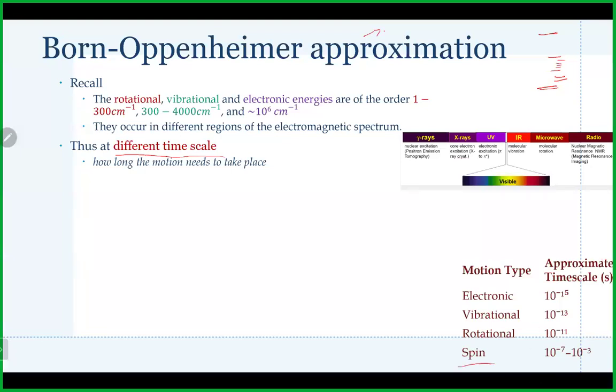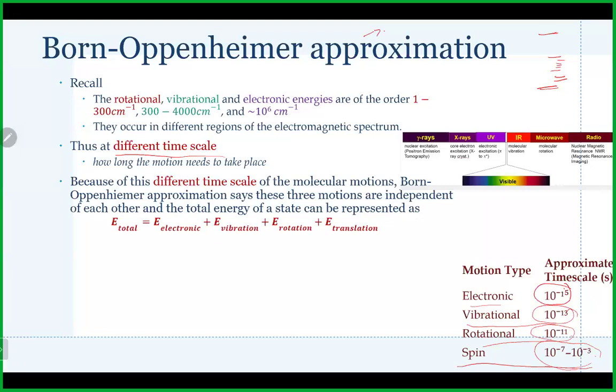There's a table that I have given here. Electronic transition takes place very fast. Vibrational takes place slightly longer. Rotational takes place much longer. And then you have spin. So now we say that they occur at different time scales.